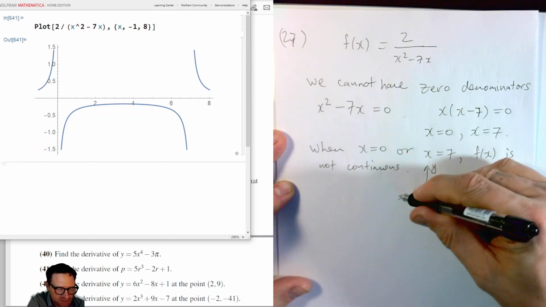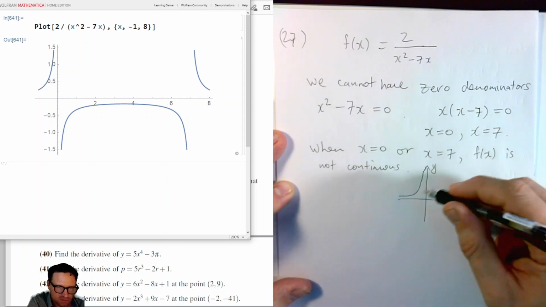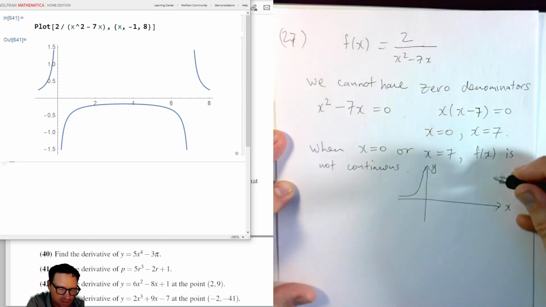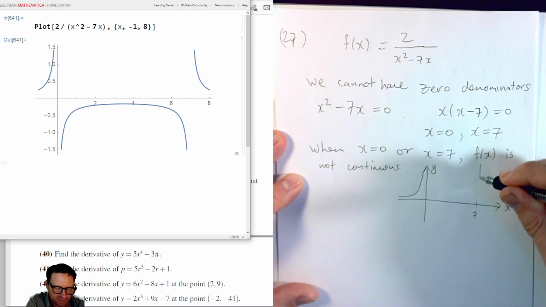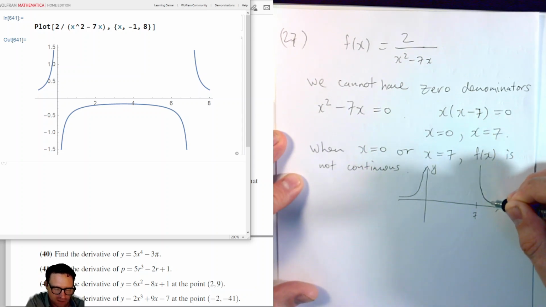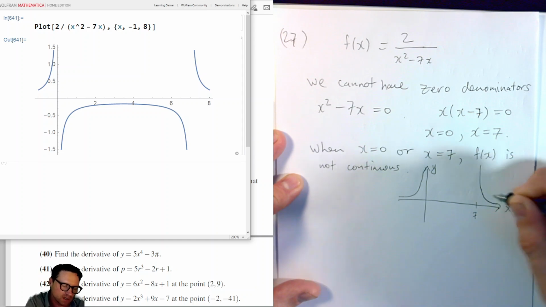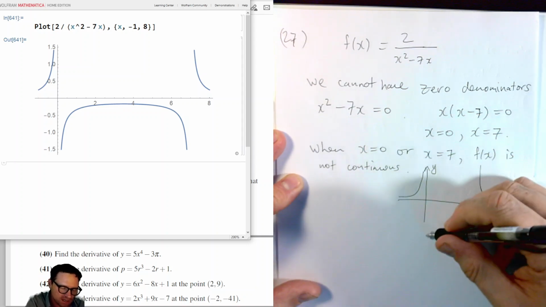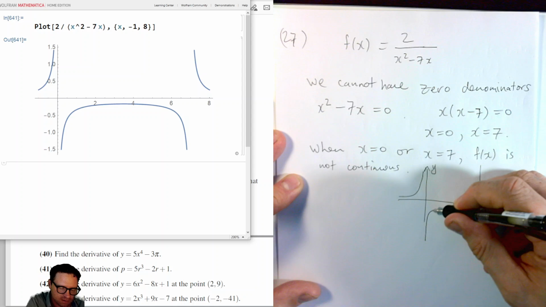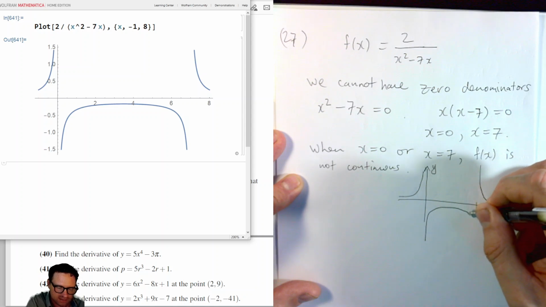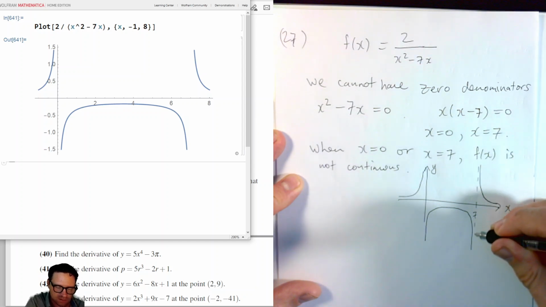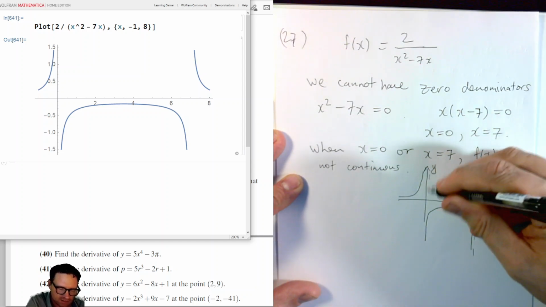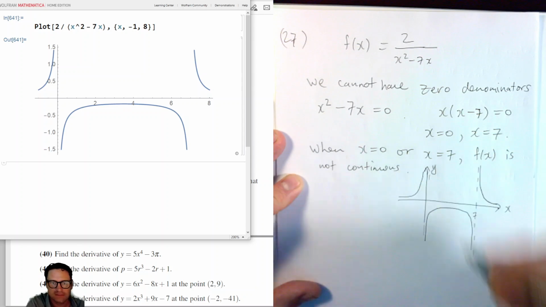We have a discontinuity at 0, so it goes up on that side of it. And also over here at 7, we have a vertical asymptote there also, and it comes down from the top and keeps going. Okay, now in between 0 and 7, it looks like this. So we have a vertical asymptote there and a vertical asymptote at 0.